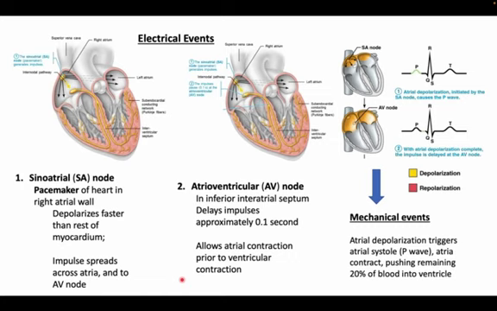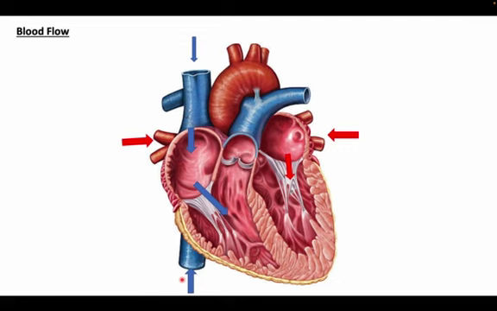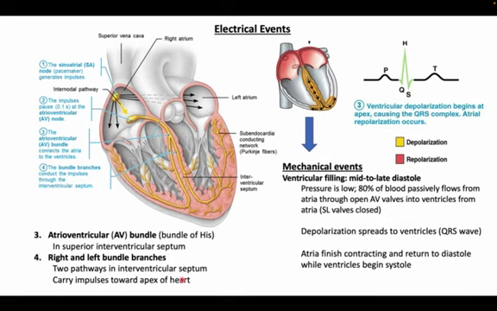P wave. And what is the mechanical event here, therefore? Both atria will systole, meaning they will contract and push the blood out. So same thing when the blood is now in the ventricle. Now what happens? Tell me what electrical event is happening.